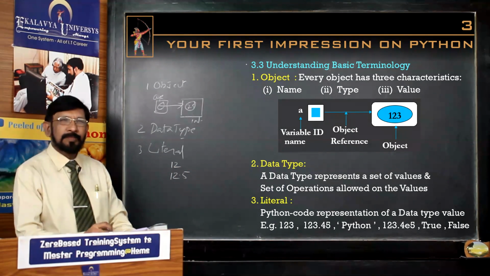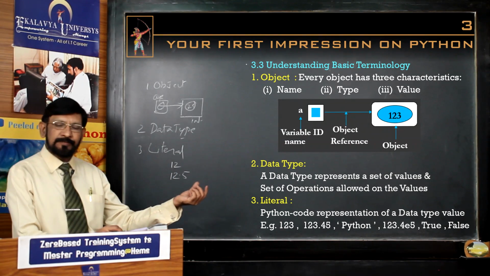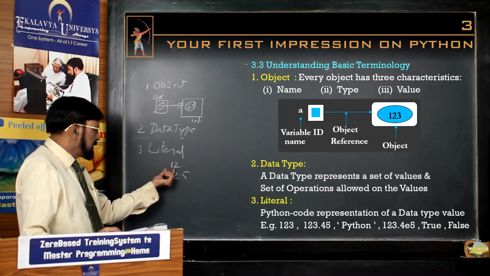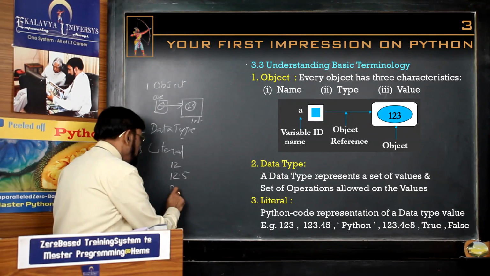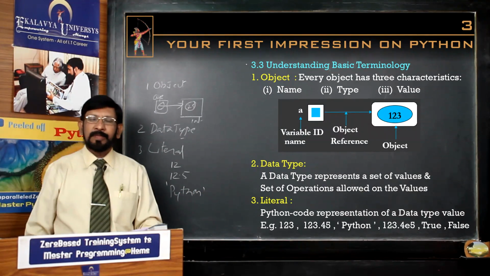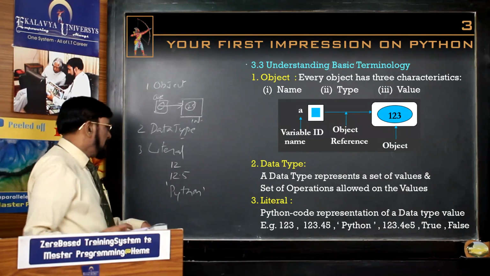12.5. This represents another data type value. This is also a literal. This is an integer literal. This is a floating point literal. This is also a literal, a string literal.